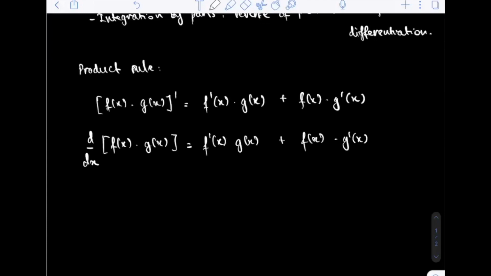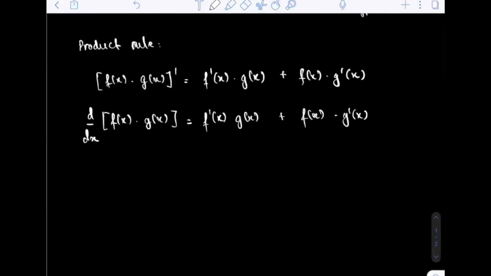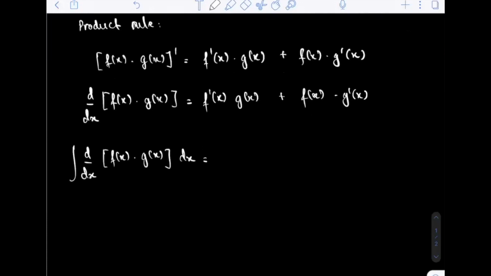Right, so from this product rule, you're going to integrate both sides of the equation. You integrate d dx of f of x times g of x, and you integrate both sides with respect to x. That's what you get: the integral of f prime of x times g of x dx plus the integral of f of x times g prime of x dx.